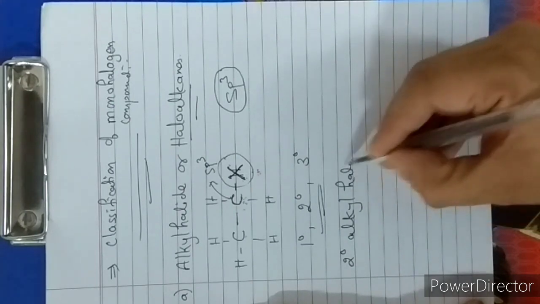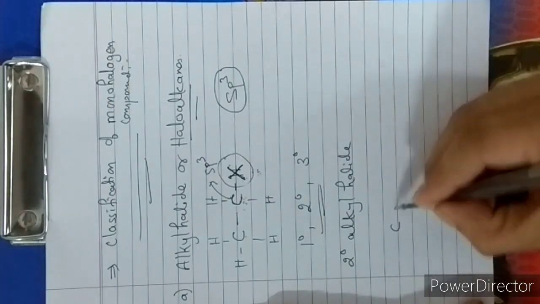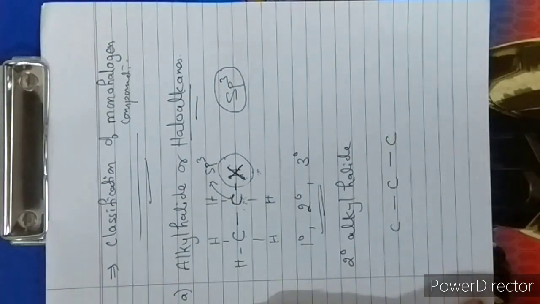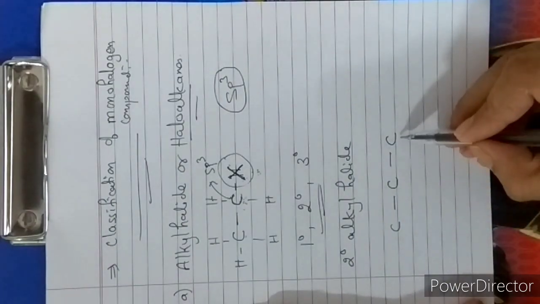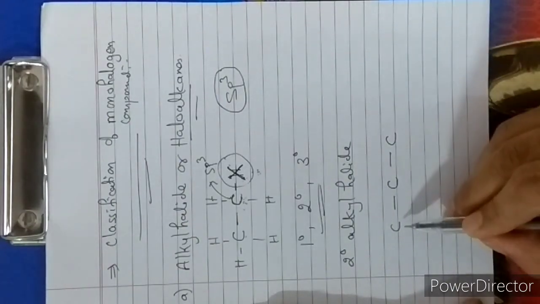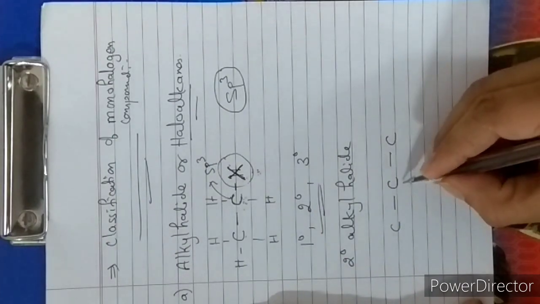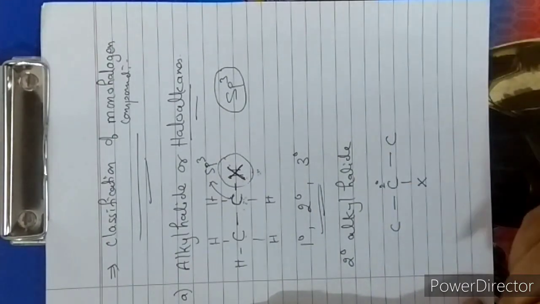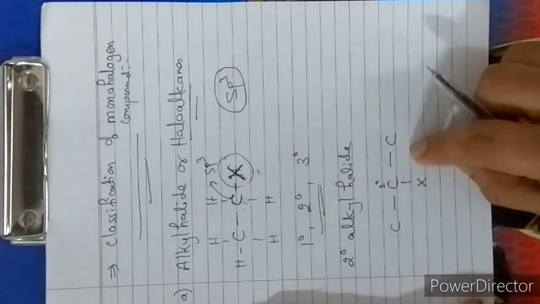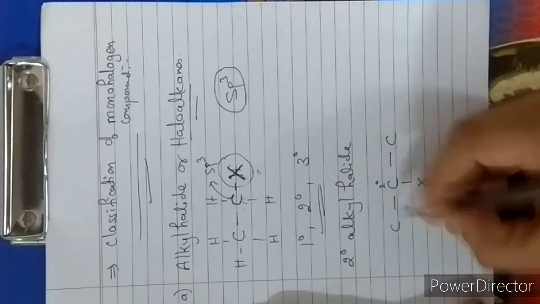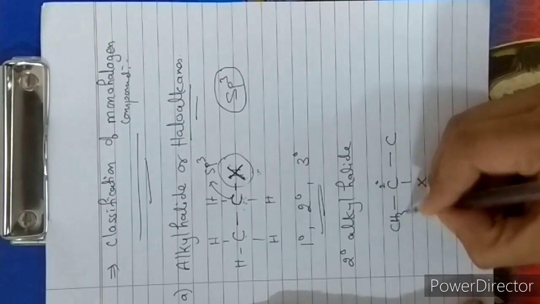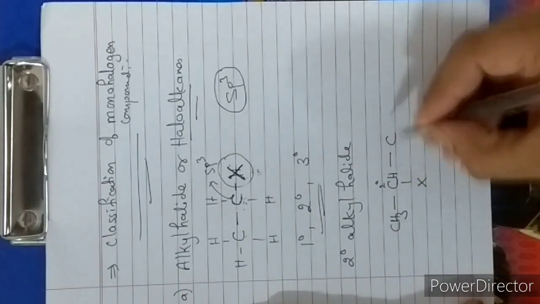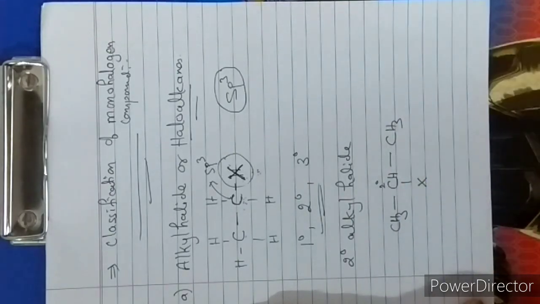Now student, moving to the 2 degree alkyl halide. Carbon, carbon, carbon. Now student, this is 1 degree carbon, this is 2 degree carbon, this is 1 degree carbon. If my halogen gets attached on this carbon, that is 2 degree carbon, then this is called 2 degree alkyl halide. Now satisfying the valency, that's quite simple. CH3, CH and CH3.